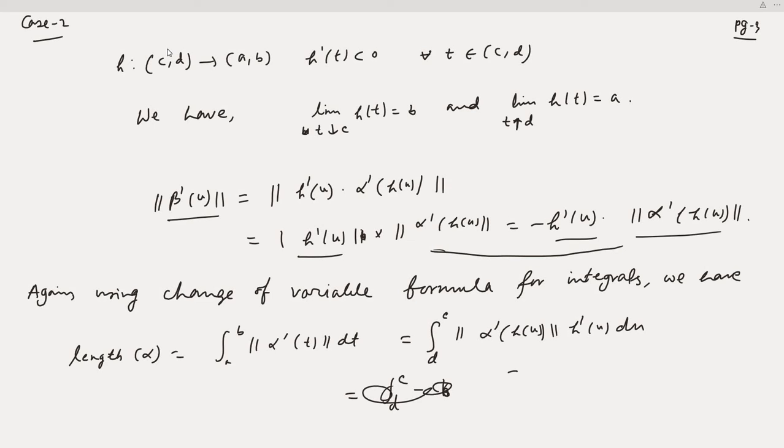So this is equal to d to c minus norm of beta prime of u du, and this is equal to integration from c to d norm of beta prime of u du, equal to length of beta. Okay, so this is the proof.